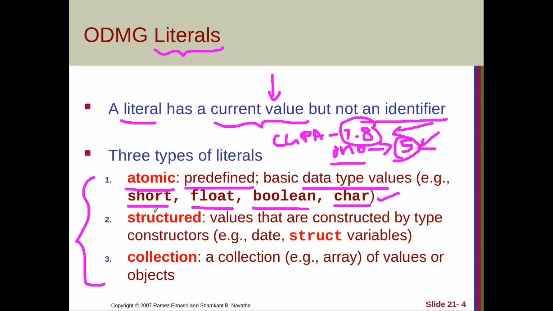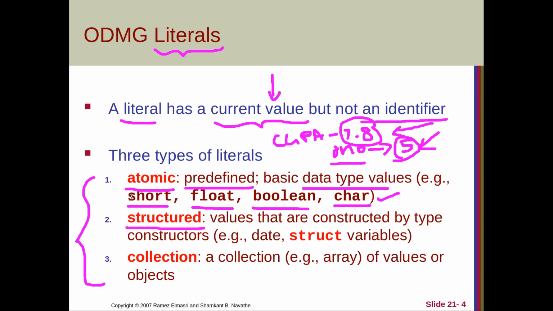Now the second type of literal is called structured type literals. So the first one is atomic type literals, and the second one is structured type literals. What do we mean by structured type literals? It is not an atomic one.